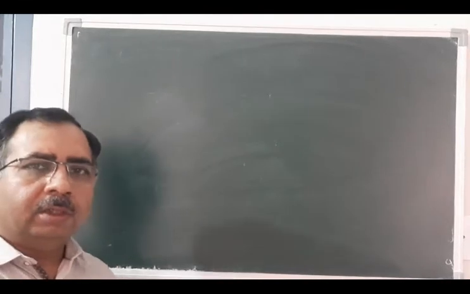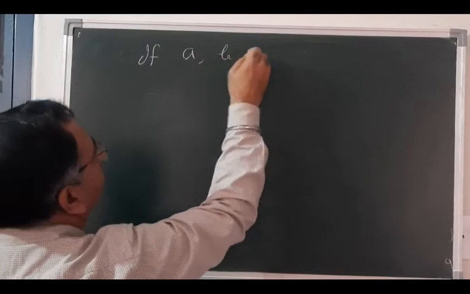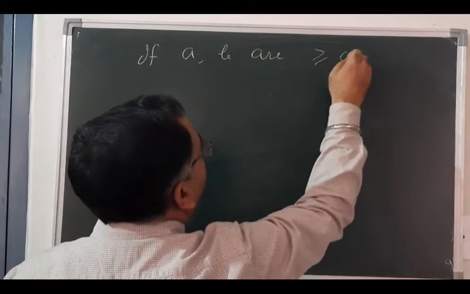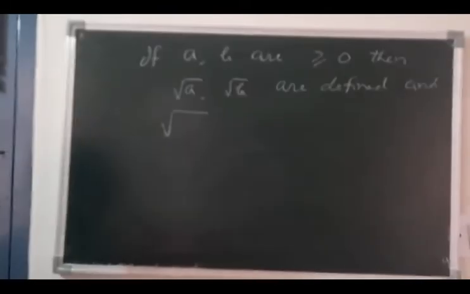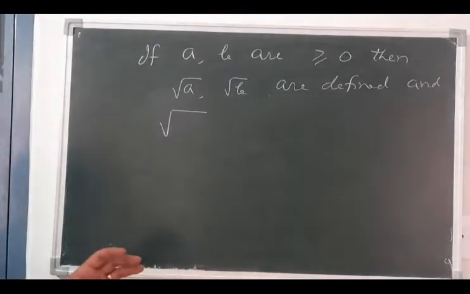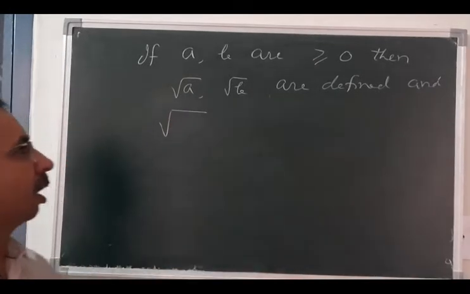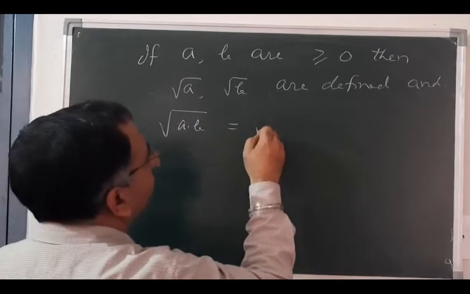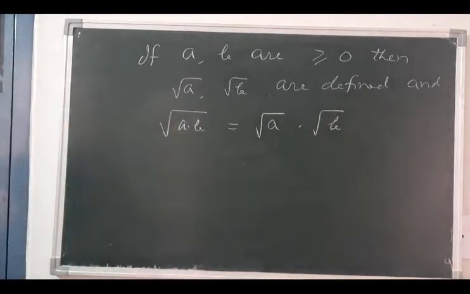So regarding square root, one axiom is: if a, b are two real numbers greater than or equal to 0, then square root of a and square root of b are defined and square root of ab will be equal to square root of a into square root of b.